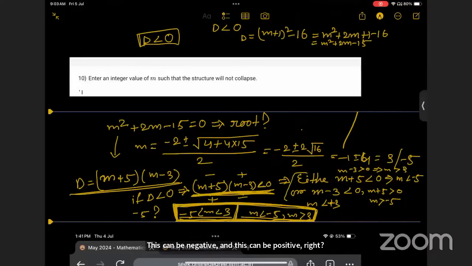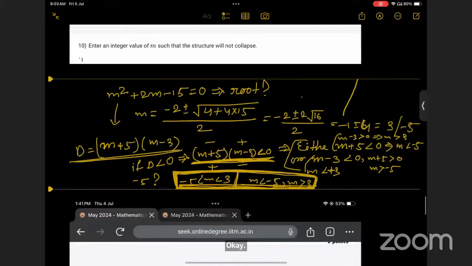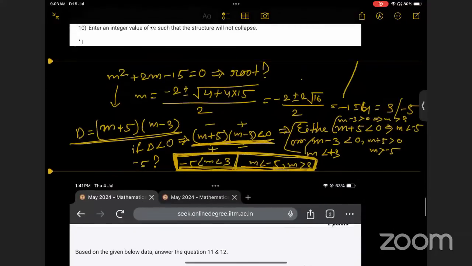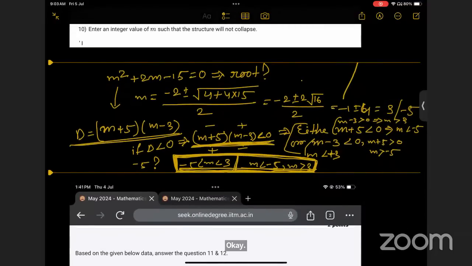These two cases we have, and we are considering these two cases. And from this, we can have this interval. Now you can take any number from this interval. Okay? I think you don't have any doubt now.